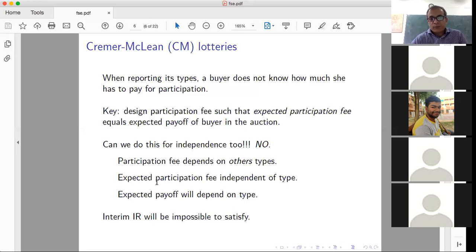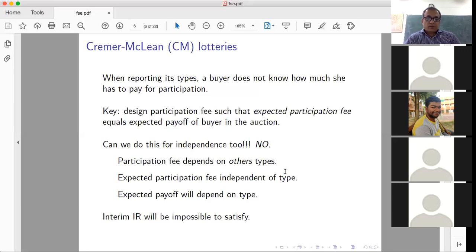But when we compute this expectation, it is no longer a conditional expectation because types are independent. So if my type is high, my expected participation fee will not be different than when my type is low, because my type does not influence the distribution of the types of other agents. So this expectation, the second bullet, is no longer a conditional expectation.